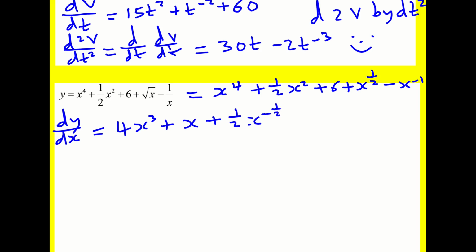This should be quite quick at this point. We've been practicing this a lot. If not, go back and practice. The minus 1 comes down, so it becomes plus 1. Okay, very easy to make little mistakes, but it's practice, practice, practice.